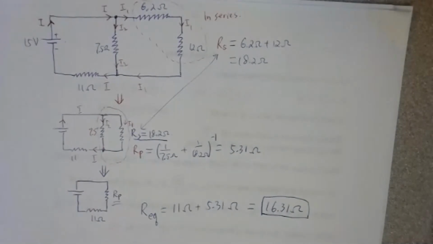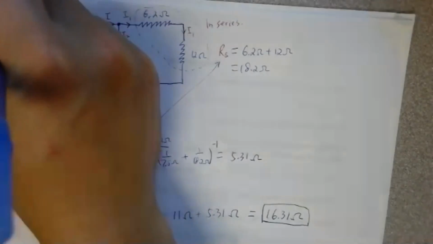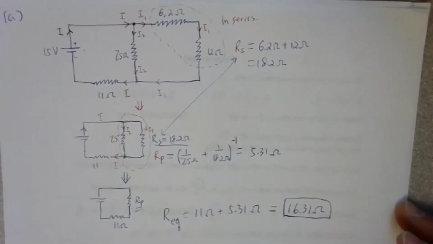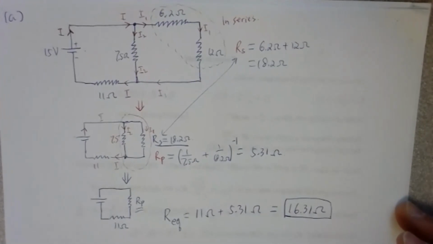Then replace that part with an equivalent resistor again, just repeating that, and then further simplify your circuit. So at the end you get this simple circuit like that. That gives you the equivalent resistance of the circuit. Questions you guys might have on part A?